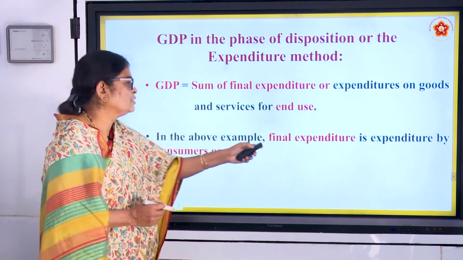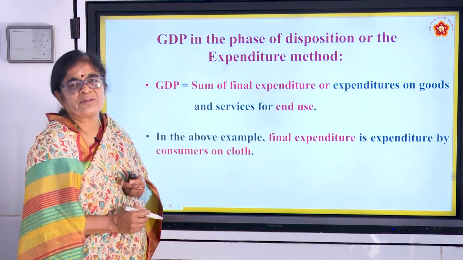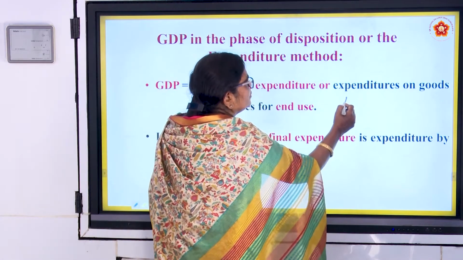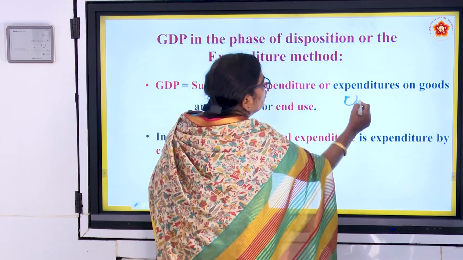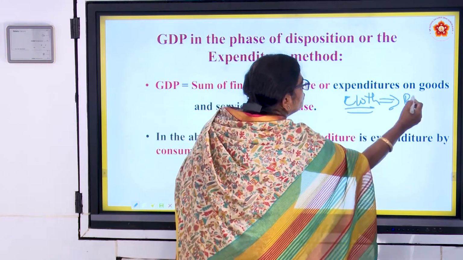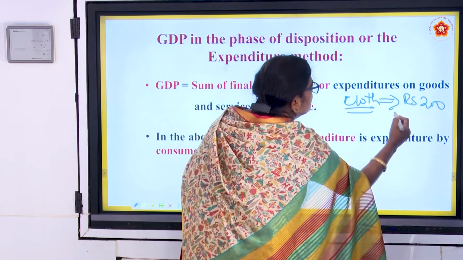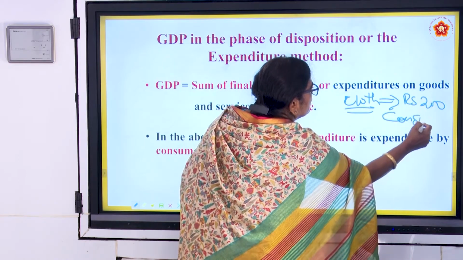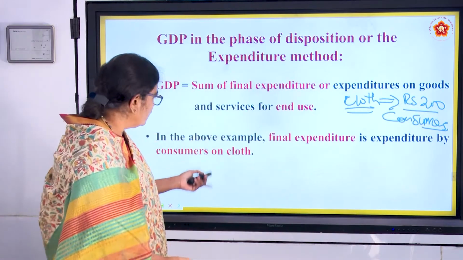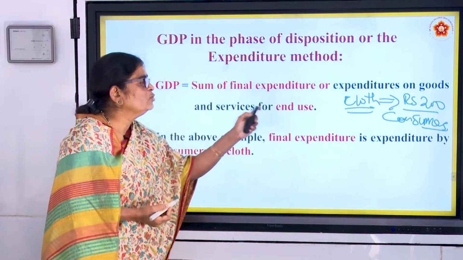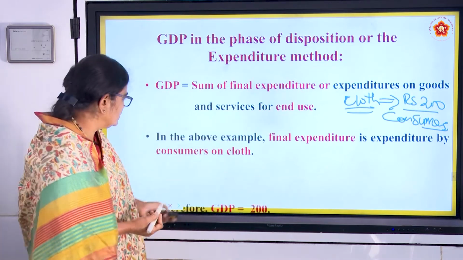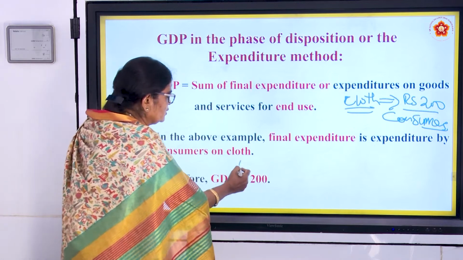Now, in the above example, how much is the final expenditure? In our example, we know the final end use was cloth. How much was it sold for? For 200 rupees. It was purchased by consumers for 200 rupees. Therefore, the final end use of that production is sold for 200 rupees. Therefore, the GDP is what?